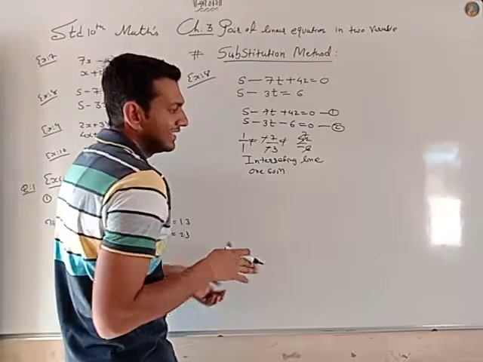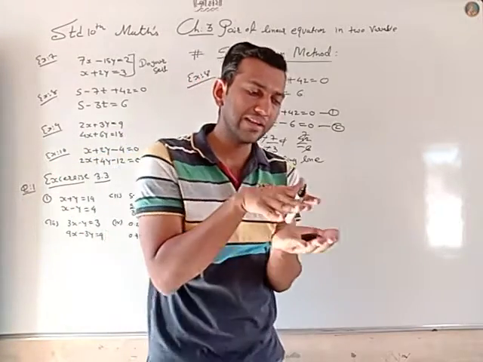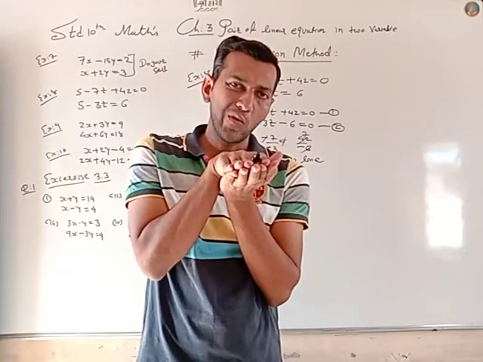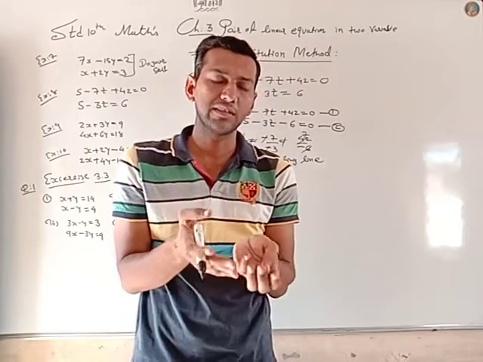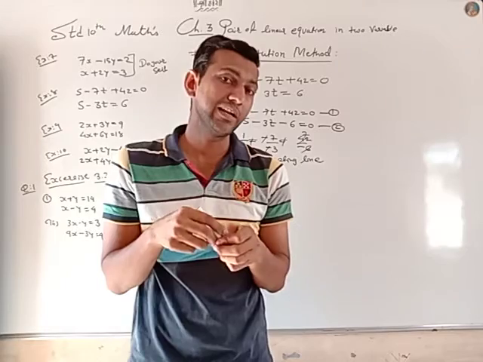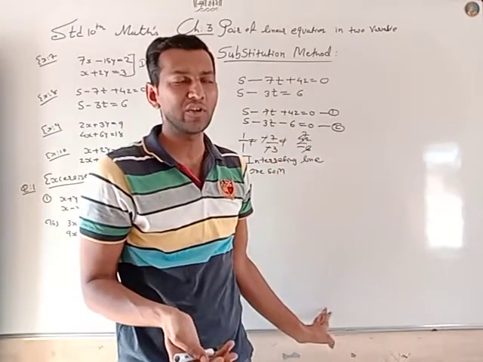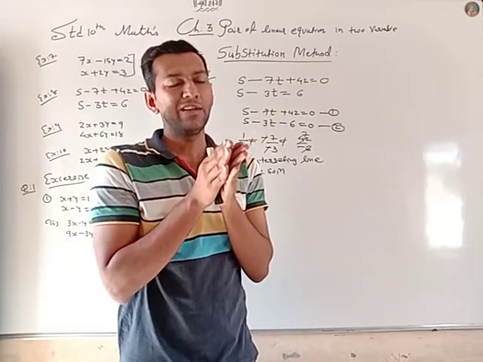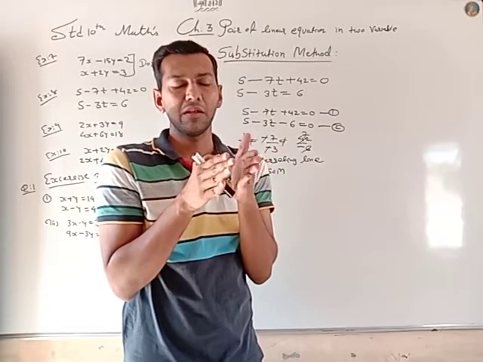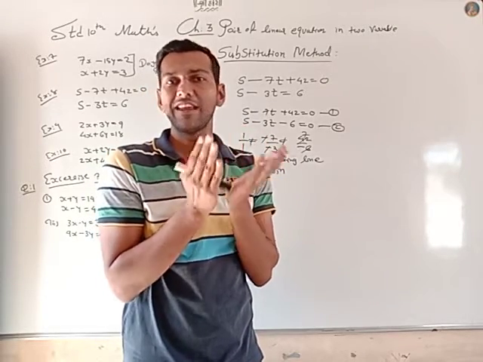If the lines are parallel or coincident, in case of coincident there are infinite solutions, so you can't solve the equations. If the lines are parallel, there is no solution.